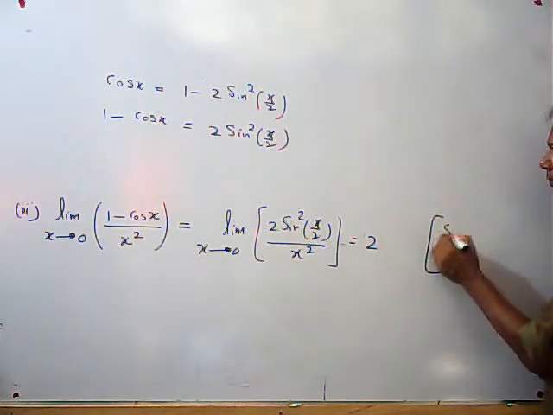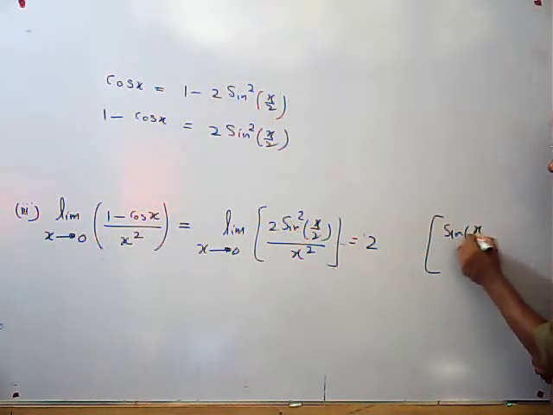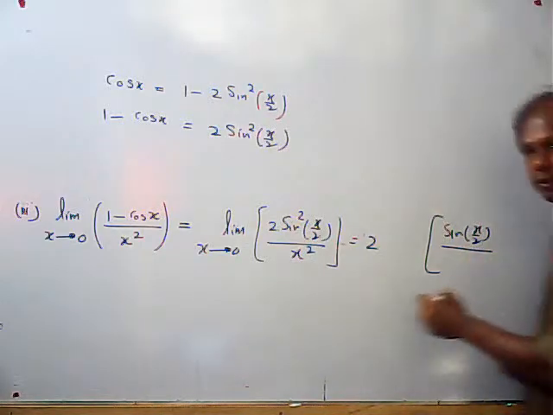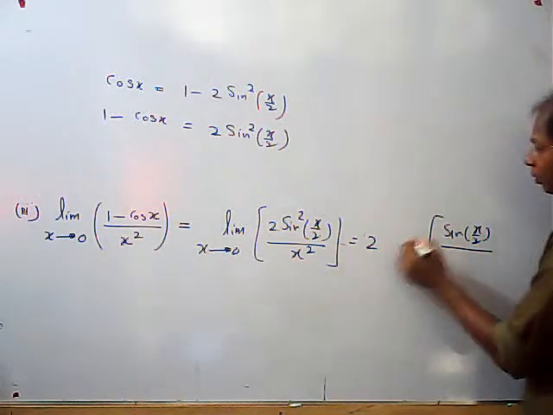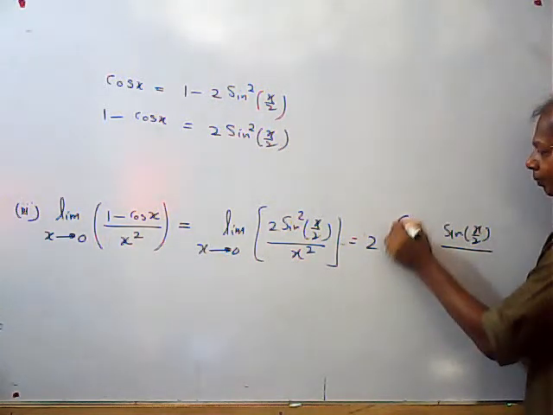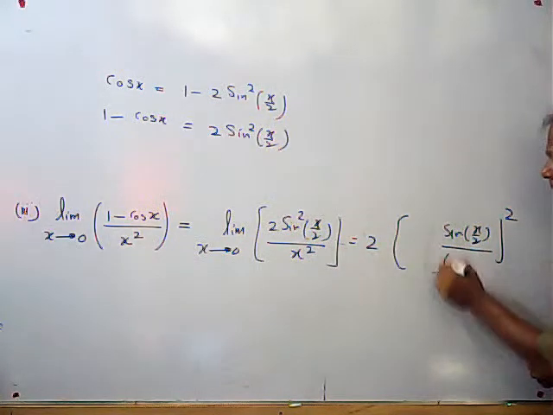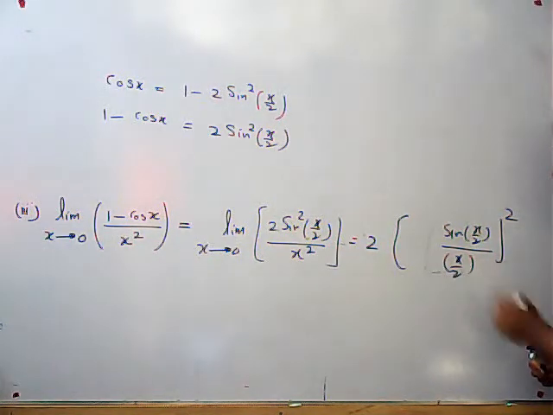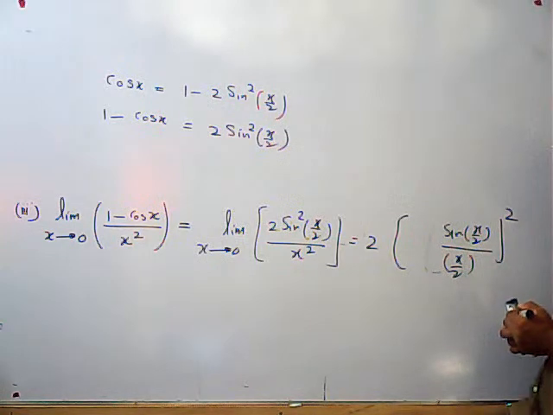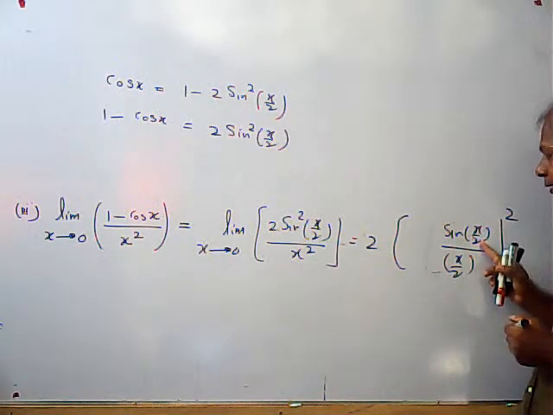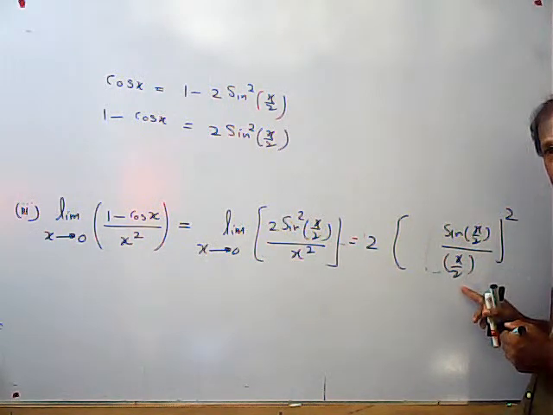And you can write it as sine of x over 2 divided by, now, square of everything divided by x over 2. Because sine x over 2, with that you would like to see x over 2 here, right?